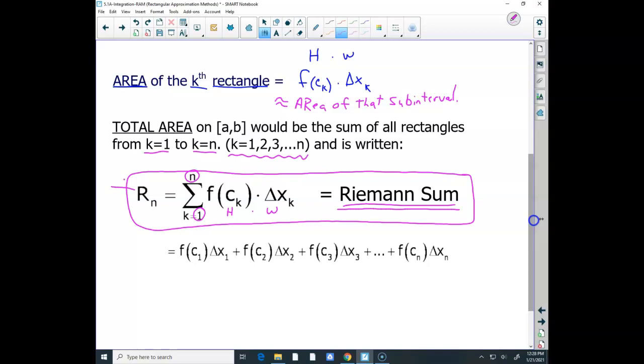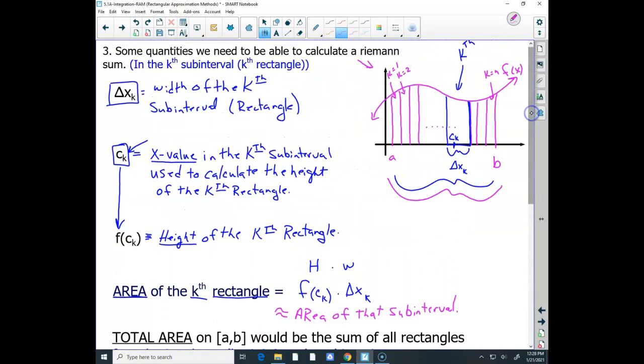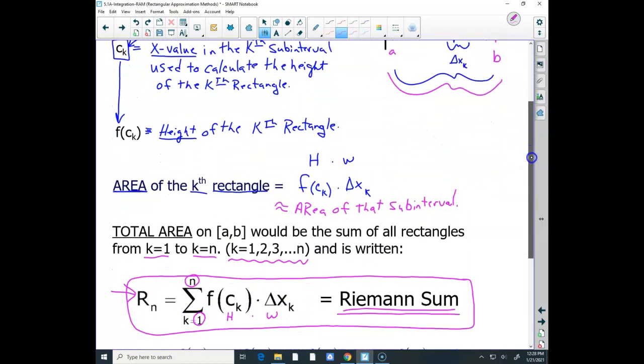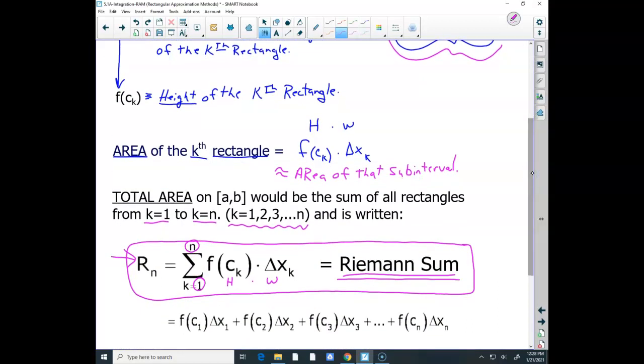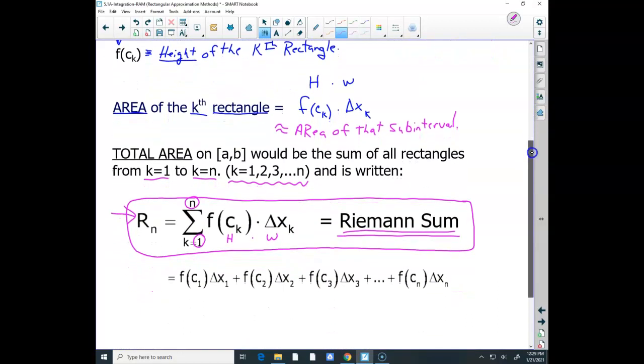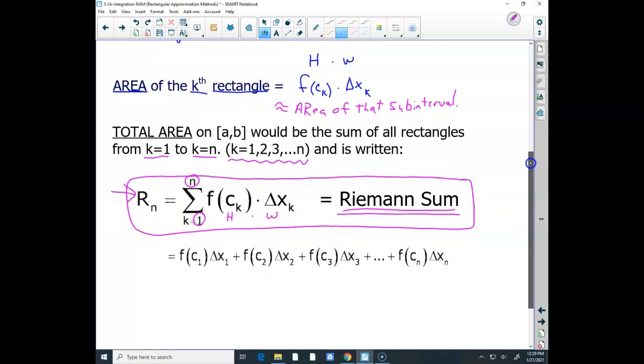Okay, this notation is telling me to find the area of this rectangle, this rectangle, this rectangle, all of them in between, and adding all those areas up, and then we will have the area beneath the curve approximated, okay? And depending on how many rectangles are underneath there is going to dictate how good our estimate is going to be.